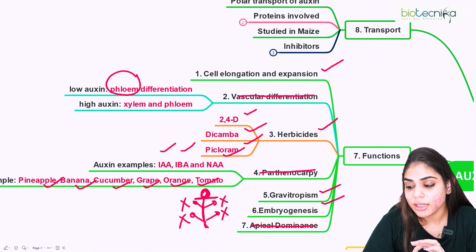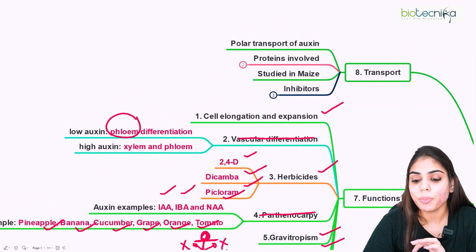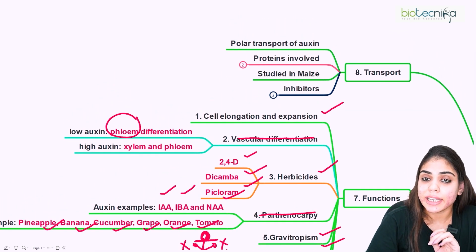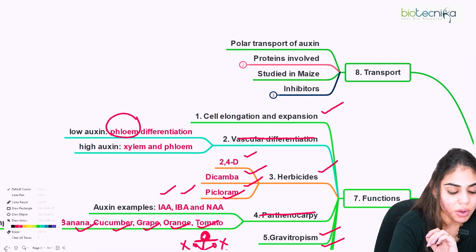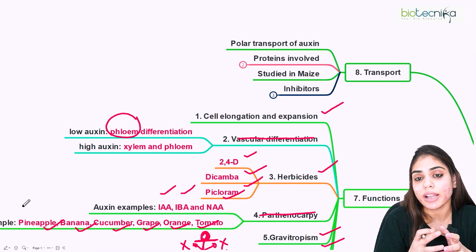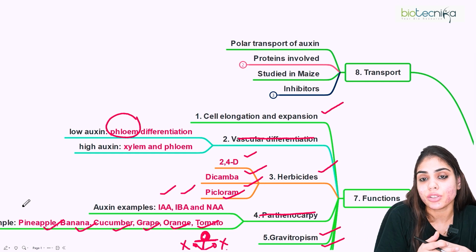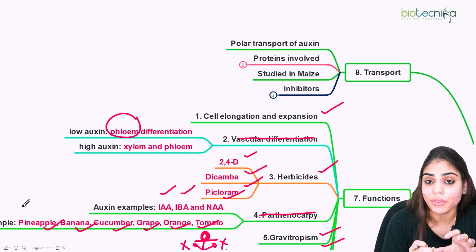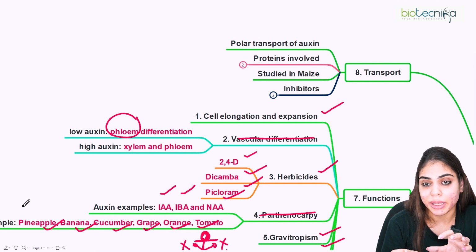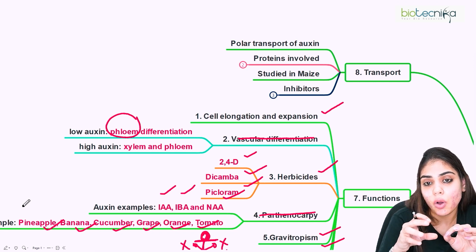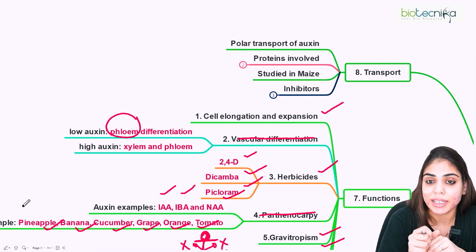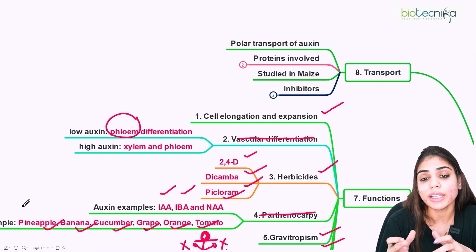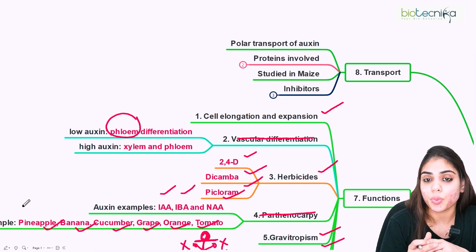Once the auxin is synthesized, it is transported in the plant cell with the help of polar transport, which is responsible for the transportation of auxin to other parts of the plant. We have seen the sites of synthesis, which are the young leaves as well as the shoot apical meristem. So suppose any auxin is produced in the SAM, that is shoot apical meristem, then with the help of polar transport, it is transported to other body parts of the plant.